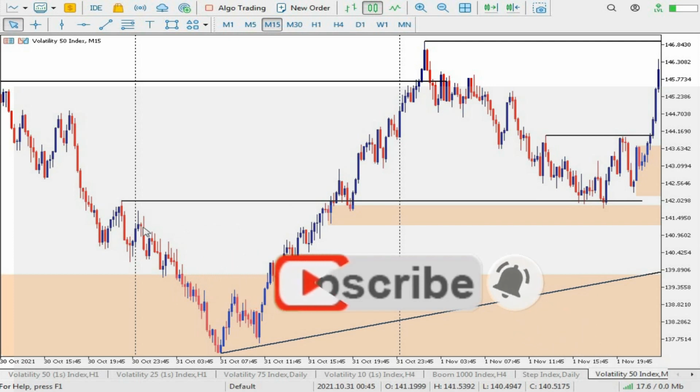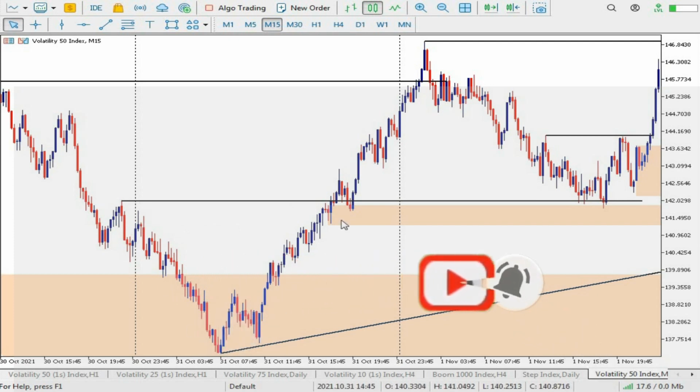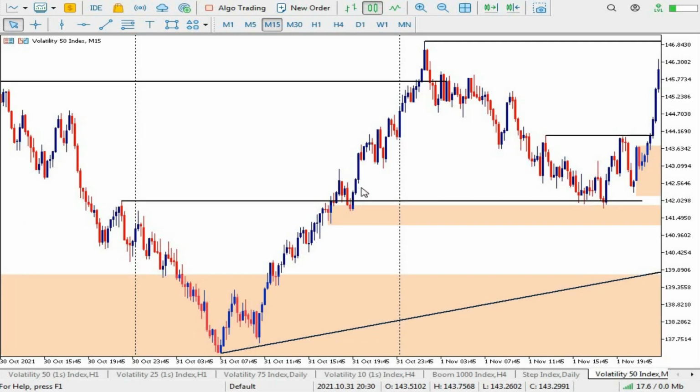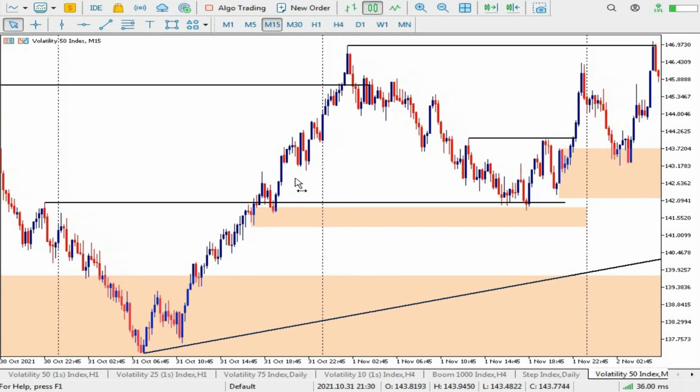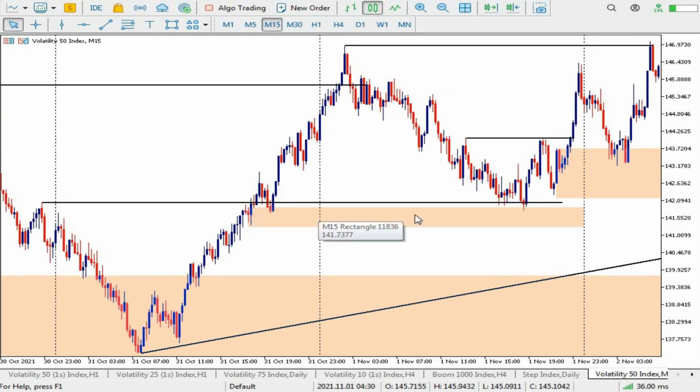In a day, they can start with a sell and end up buying at the end of the day. So you just have to understand that the price will come back to those order blocks which you are looking for. The price came back to this order block right there because it was responsible for breaking the structure, and then the price came back to pick the orders and shift the market.